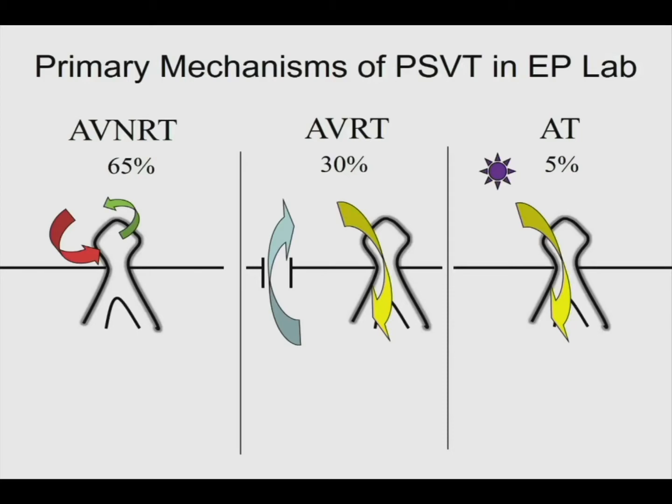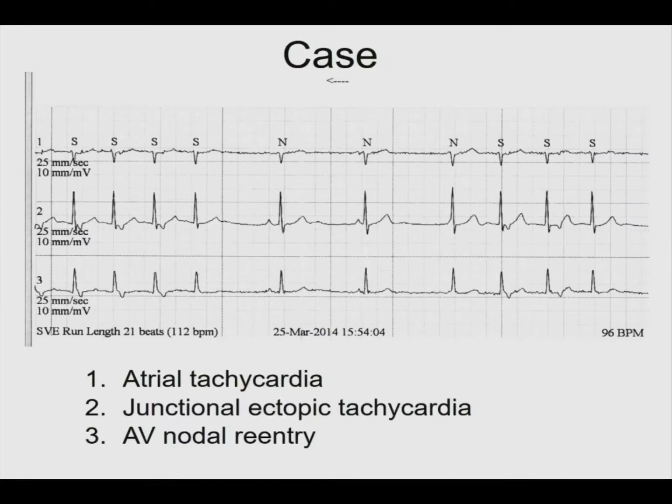Nowadays, I would say those numbers are different. There are fewer patients with pre-excitation or WPW that come to the EP lab, and there are a whole lot of patients who come to the lab with atrial arrhythmias as a consequence of surgery, maze procedures, and particularly catheter ablation.